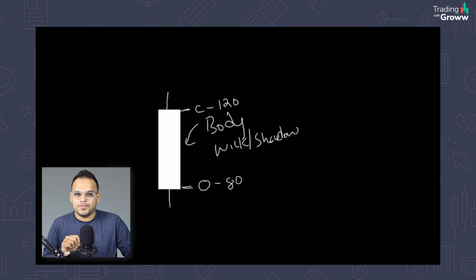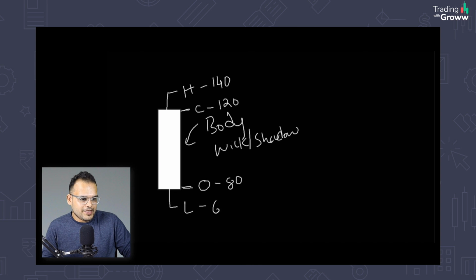The remaining part, this particular data point, we can call the high, assuming that in this case it is 140. And this level, the lowest extreme of the candlestick, is what we call the low, and we can assume it as 60.